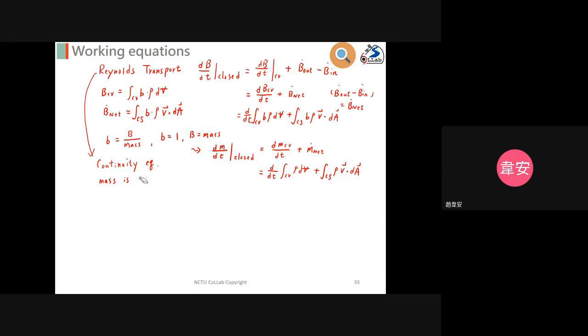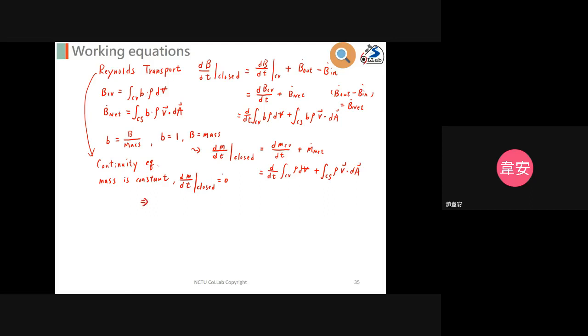The mass is always constant. That means dm/dt in the closed system is always equal to 0, because the mass doesn't change with time in a closed system. So we can rewrite the Reynolds transport equation as the continuity equation.